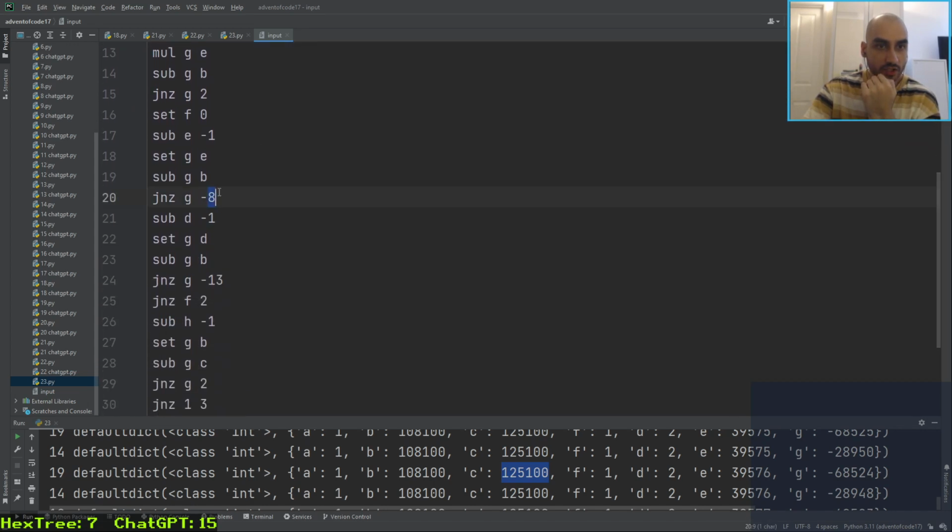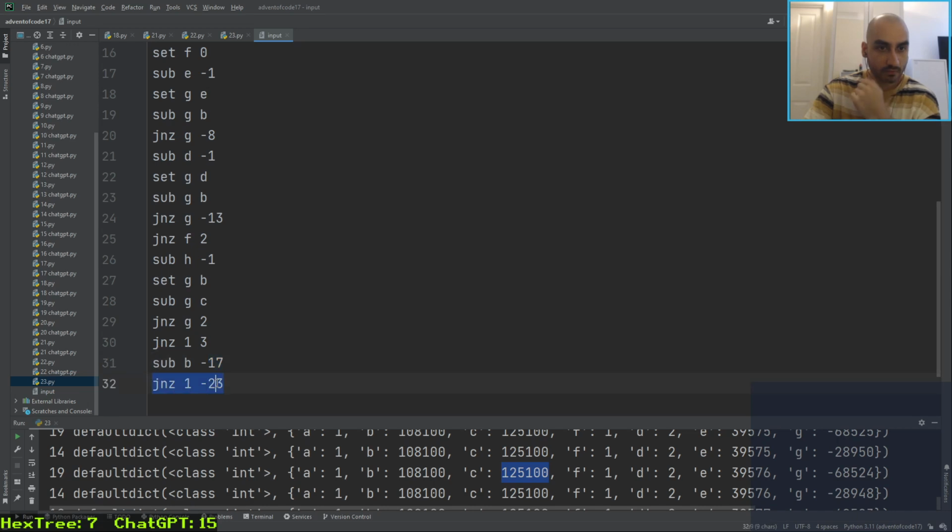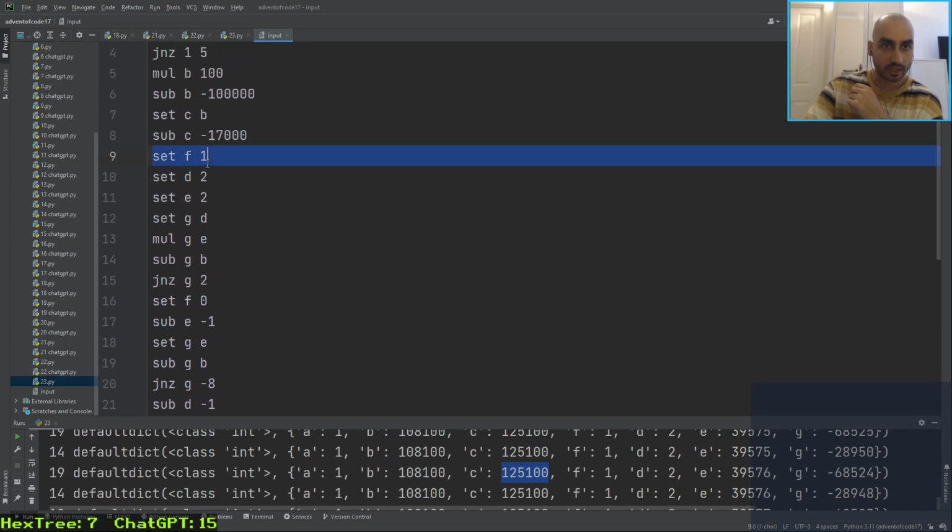This one is going to jump back to 12. This one jumps back to minus 23, so that's 9. Jumps back to 9. Okay, fine. So this is a while true loop.